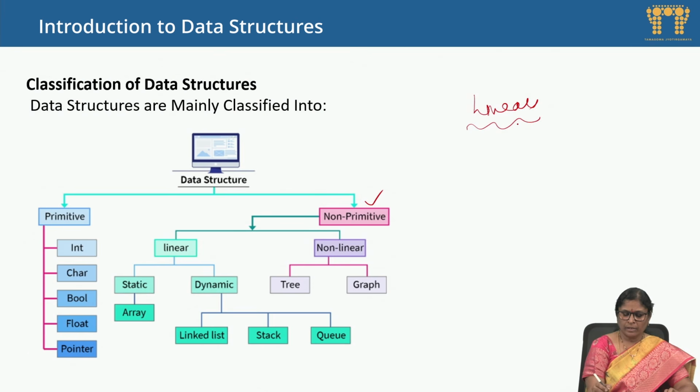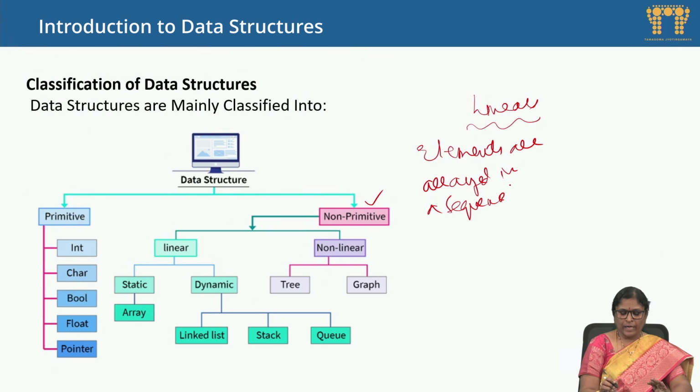In the case of a non-linear data structure, elements are not arranged in a sequence. Here, the data will be connected to multiple other data, right? So this is the non-linear data structure.